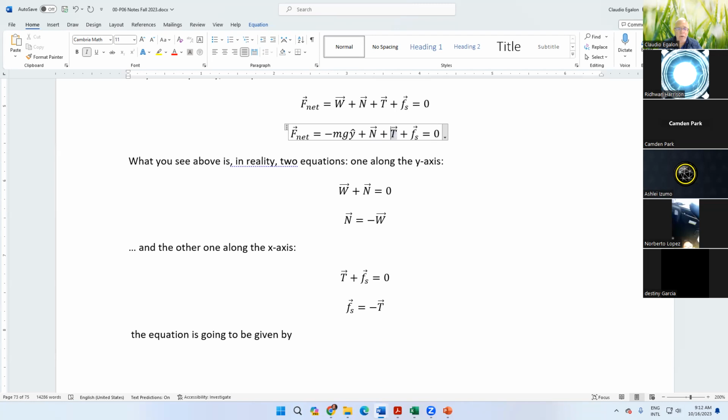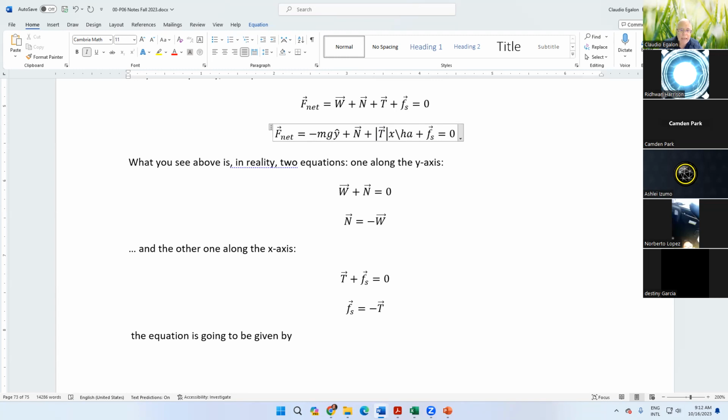If I know the tension, I write the magnitude of the tension along the x direction plus the force of static friction, which is also along the x direction. It's going to be like that. Okay.